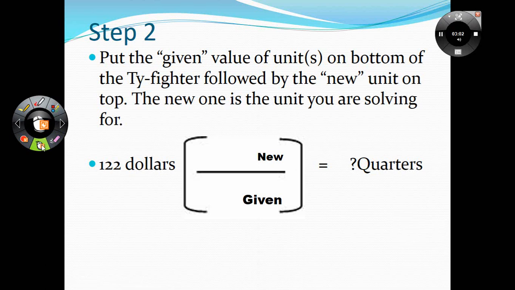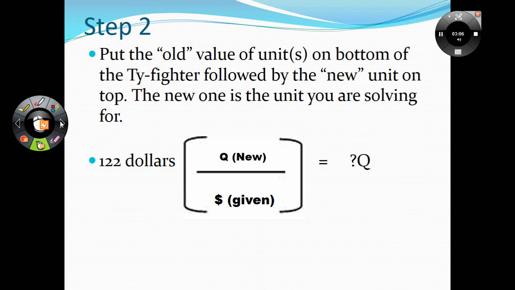So one is called the new, the other is called the given. So I have dollars on the bottom, quarters on the top, equal to what I'm looking for. This is the unit I'm looking for. Once again, this is the setup that I want to see when I'm trying to help you with your conversion factors.